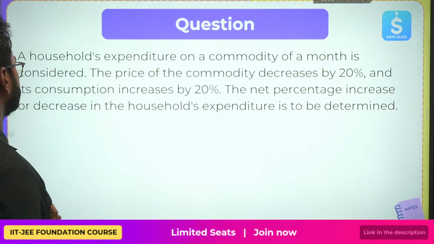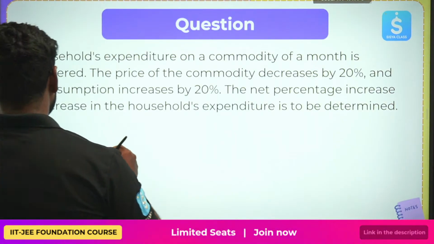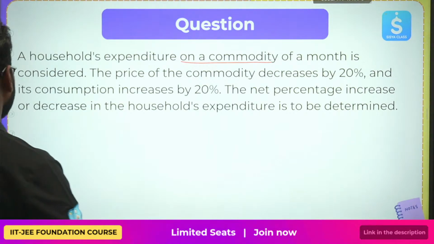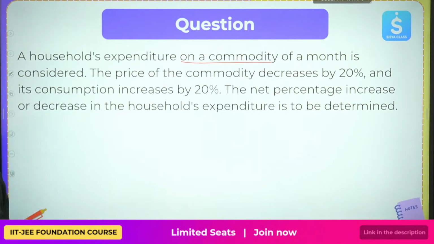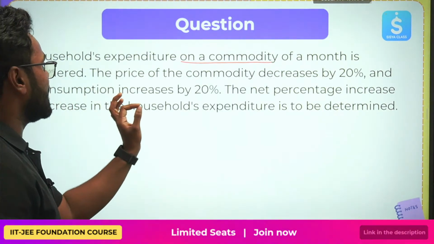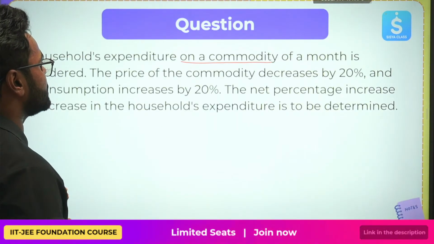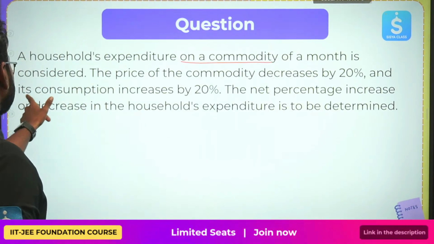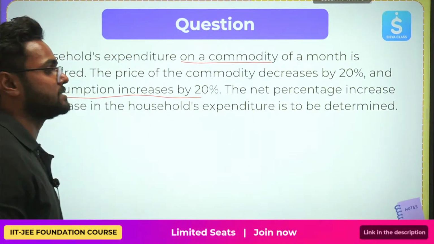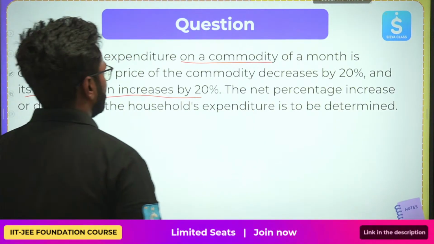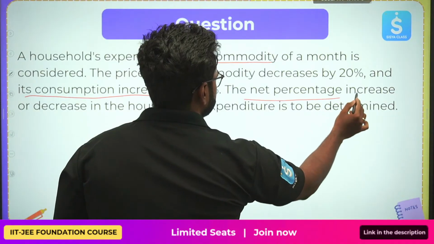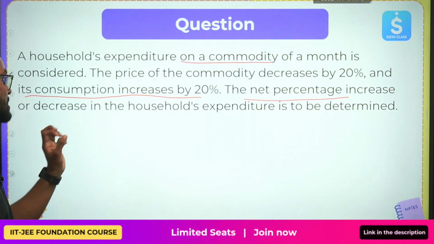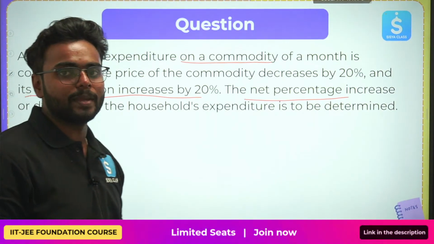Now, let's solve a question. A household's expenditure on a commodity in a month is considered, right? The price of the commodity decreased by 20% and its consumption increased by 20%. The net percentage increase or decrease in the household expenditure is to be determined.